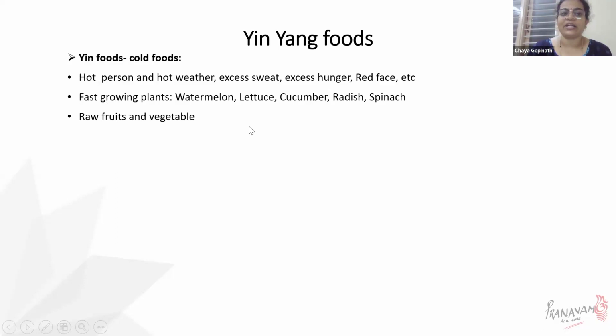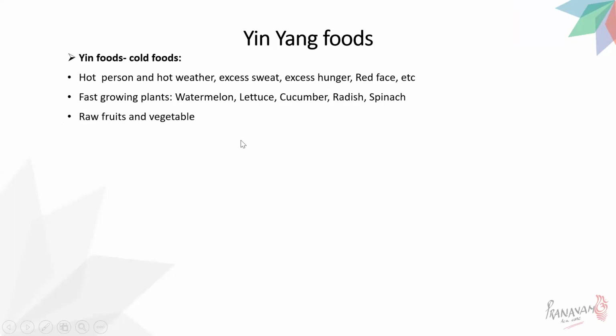Anybody is having coldness related issues? Aches and pains in the joint. They have a tingling sensation in the hands, not enough circulation going around in the body. And cold extremities, hands and feet. These kind of people should not have yin foods.